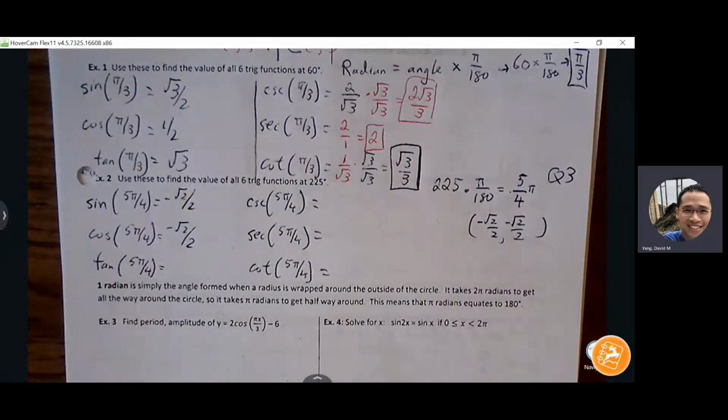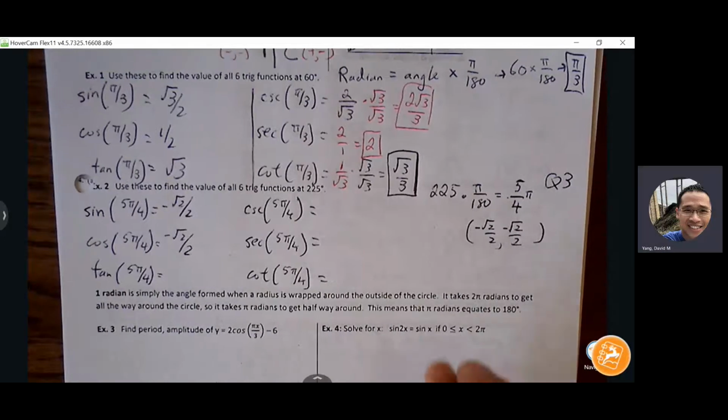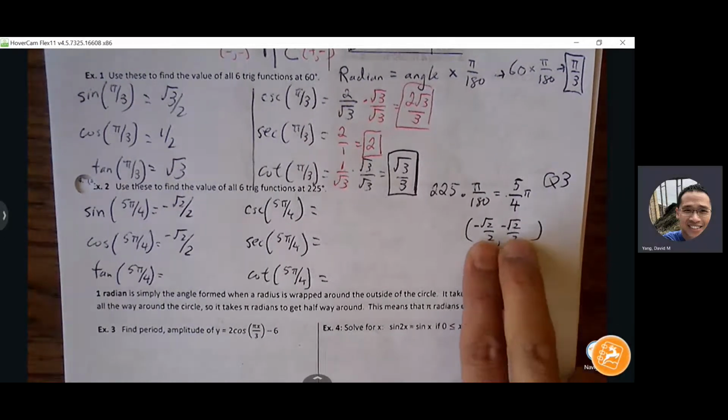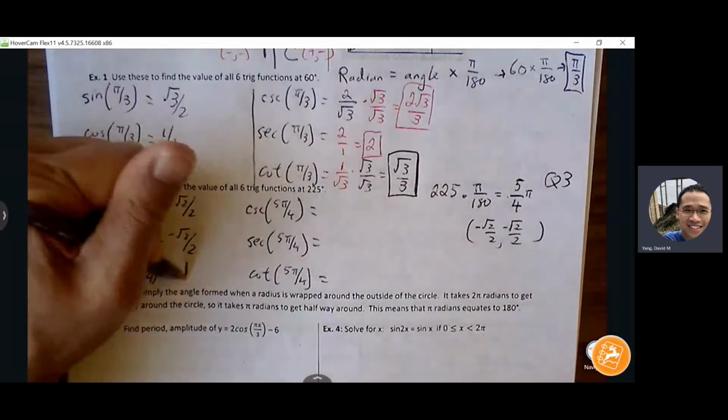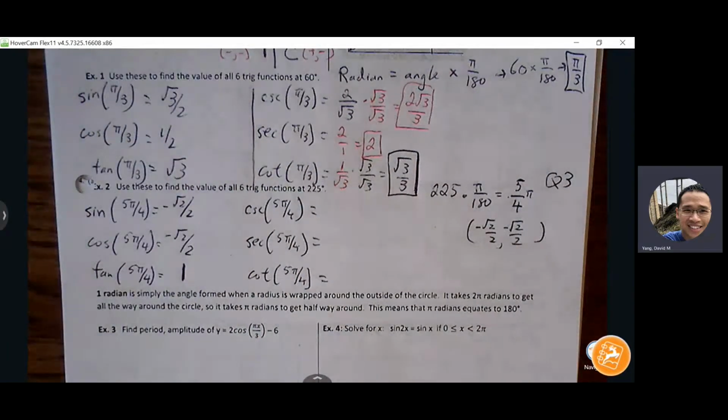Okay, what's tangent of 5 pi over 4? Yeah, y over x, sine over cosine, cover up the denominator. You get negative root 2 over negative root 2. That just becomes 1. Cosecant, secant, cotangent, just flip the numbers that you see next to it.